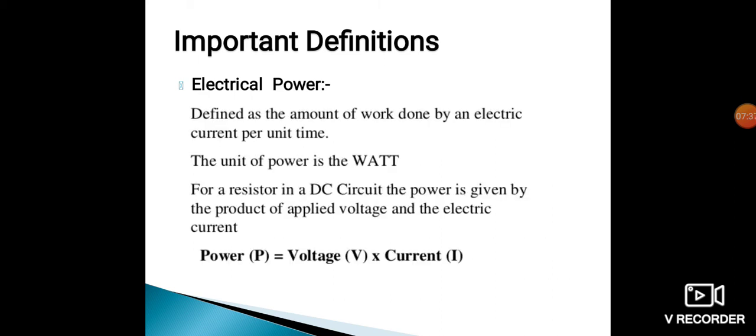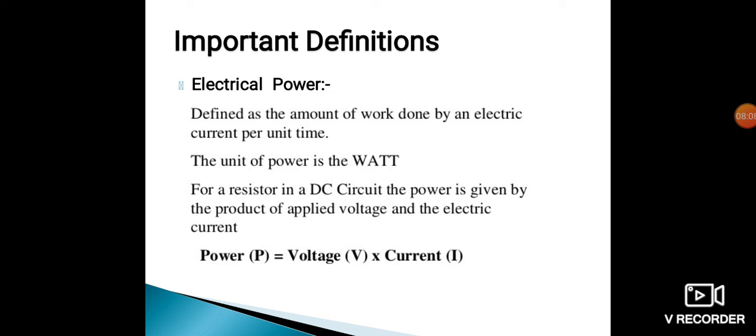The next definition is electrical power. It is defined as the amount of work done by the electric charge per unit time. That means if for 1 second we have a flow of 1 joule of work, then we can say that there is a flow of power of 1 watt.